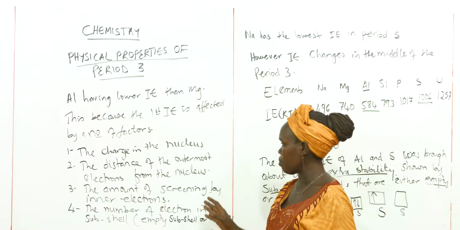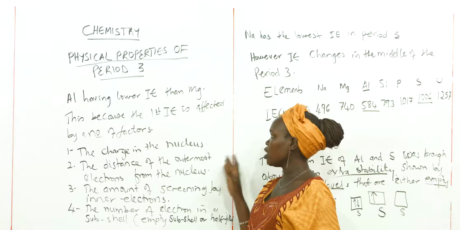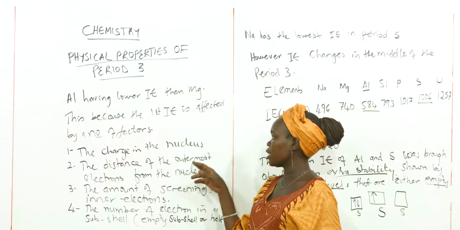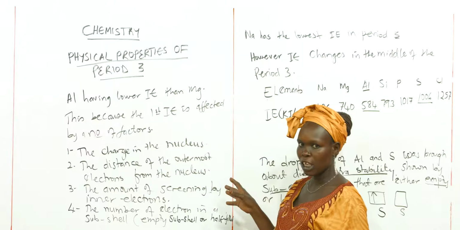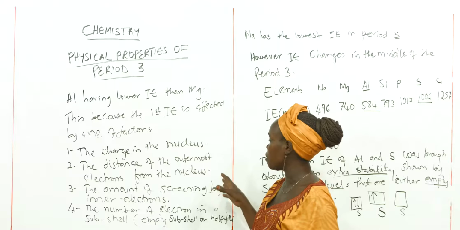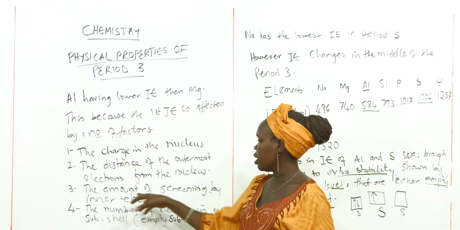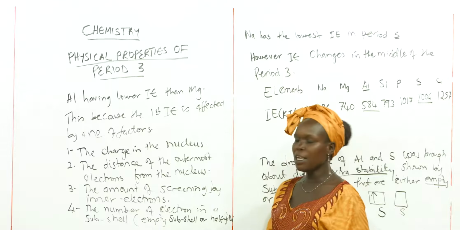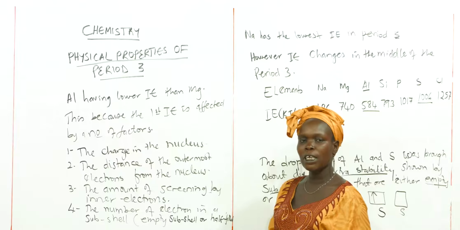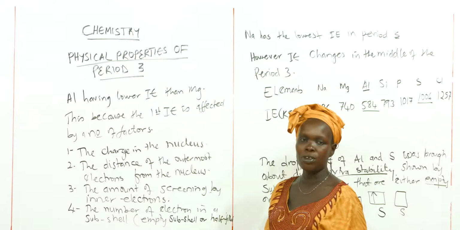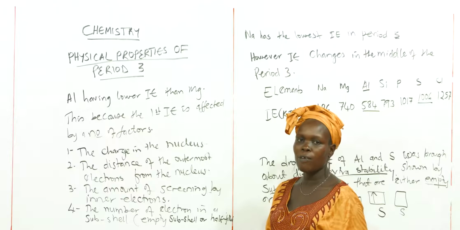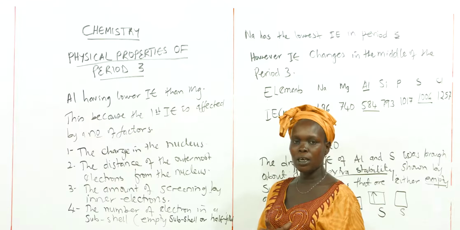So you need to remember that the factors that affect the ionization energy of period 3 are the charge in the nucleus; the distance of the outermost electrons from the nucleus, which also causes the drop in the ionization energy; the amount of screening by inner electrons; and lastly, the number of electrons in a subshell. Any subshell should have filled up electrons.